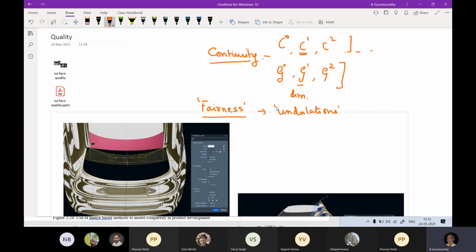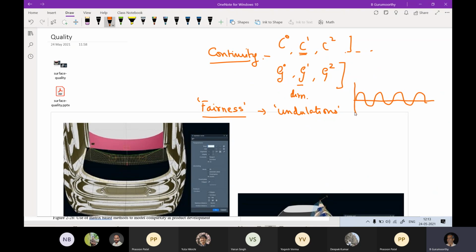Now, you may wonder why we are making this distinction. The reason is that I can have a very wriggly surface, and yet a continuous surface. Your trigonometric harmonic functions are classic examples.